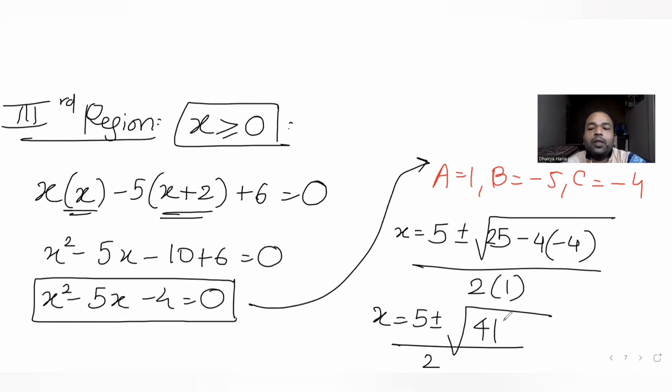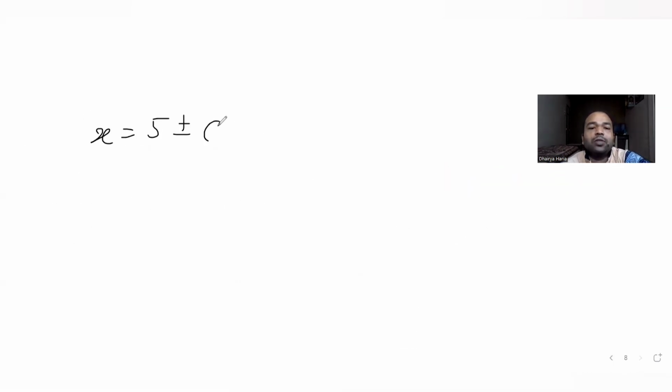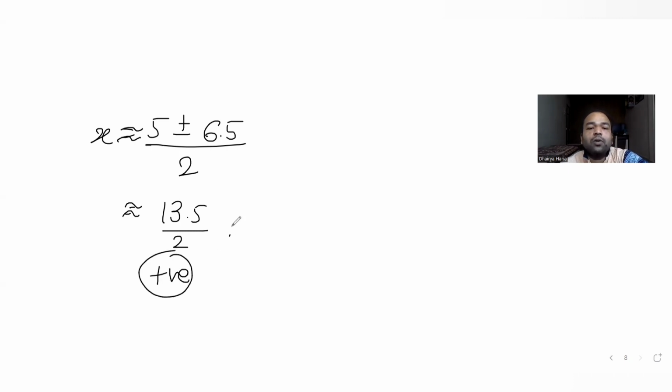So x equals 5 plus minus somewhere between 36 and 49, let's say equivalent to 6.5. Not exactly equal, but equivalent to that. So 5 plus 6.5, 11.5 divided by 2, that's a positive value. 5 minus 6.5, minus 1.5 divided by 2, that's definitely negative.